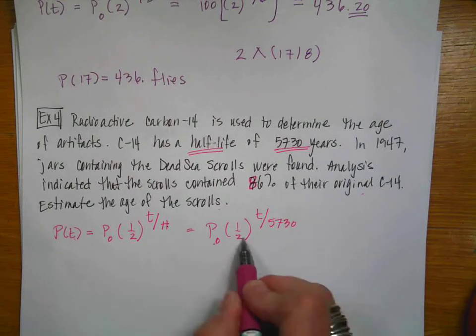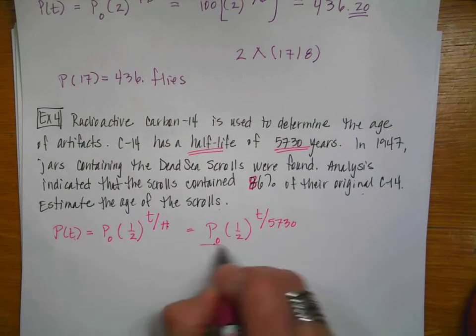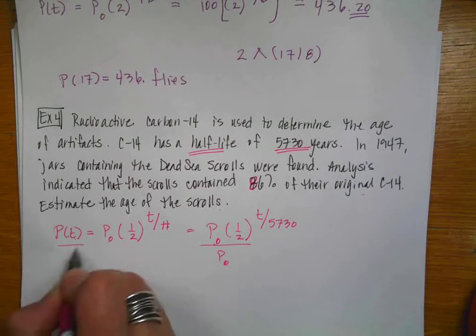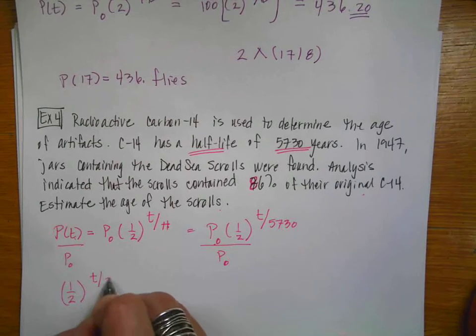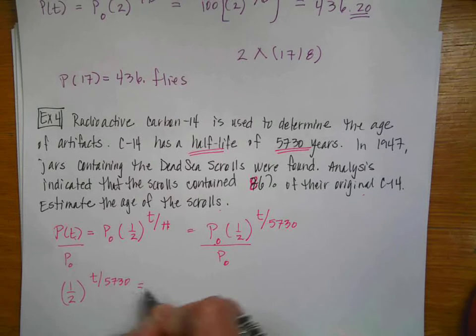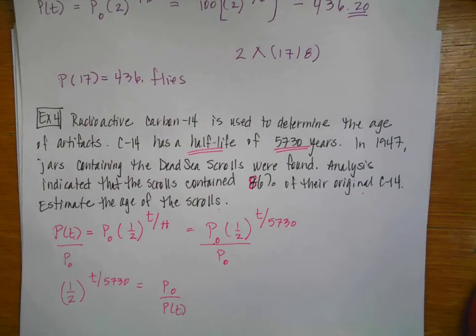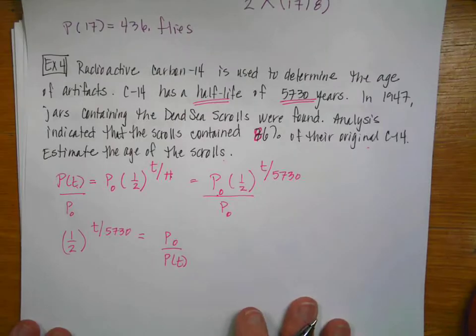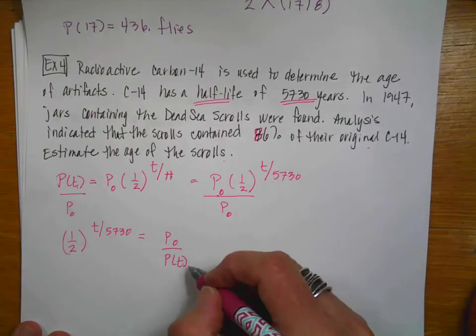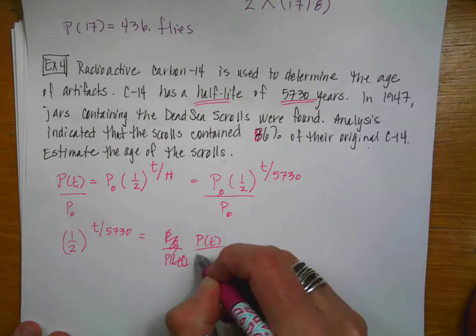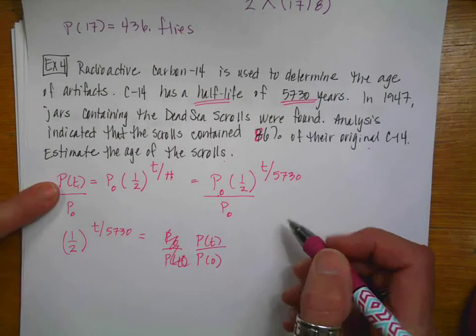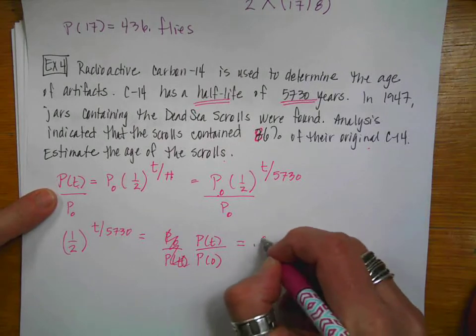So this one is a little bit unique in that we're going to go ahead and isolate this expression first. So I'm going to divide both sides of the equation by P sub 0. So I'm going to get 1/2 raised to the T divided by 5730 is equal to P sub T divided by P sub 0.